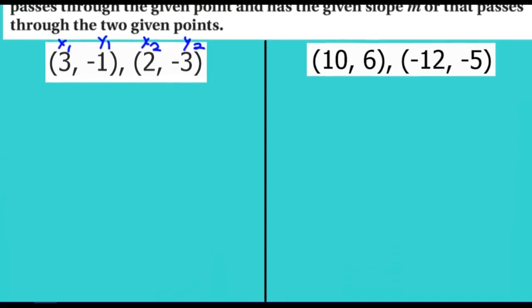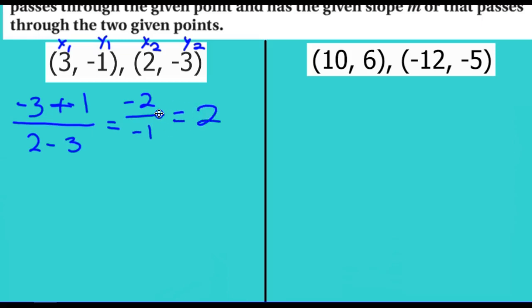So what we have to do first is find our slope. So it'll be negative 3 minus a negative 1 over 2 minus 3. Negative 3 plus 1 gives me a negative 2, 2 minus 3 gives me a negative 1. We can simplify that down to just 2. So our slope is 2.